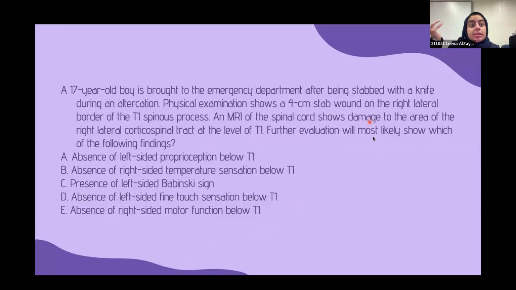Because it didn't decussate yet. Ipsilateral, exactly. Hiba, do you understand why it's ipsilateral? Because it didn't decussate. It decussates in the medulla. Above the medulla, it's going to be. Exactly. So the function is motor function. Okay? So the answer is absence of right-sided motor function. So it's ipsilateral loss of motor function. So the answer is E.